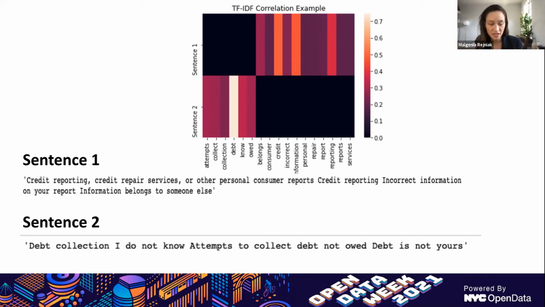Although it does provide more emphasis on rare words, there's still the problem of needing the presence of a shared word. So what I'm going to talk about next is representing words, sentences, paragraphs, and documents as entire vectors.